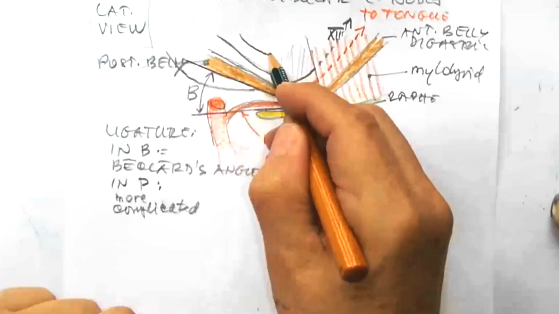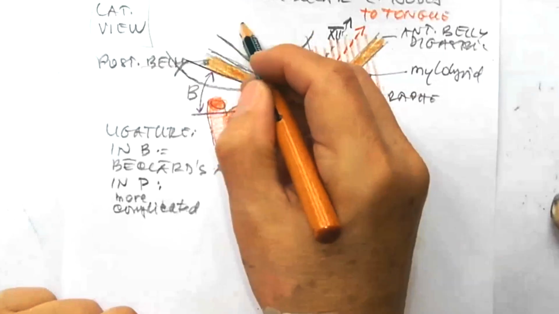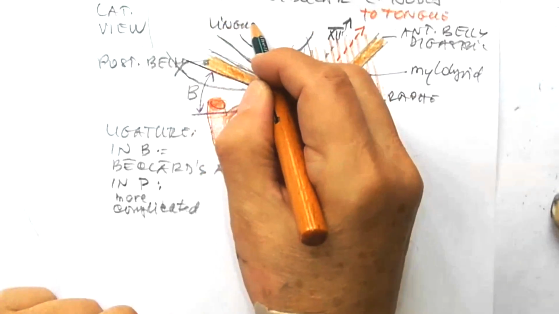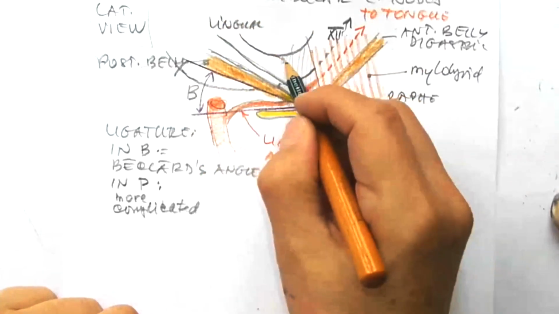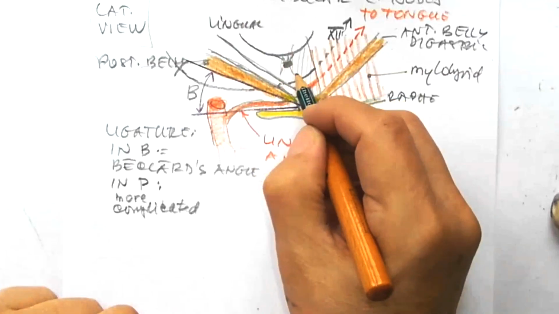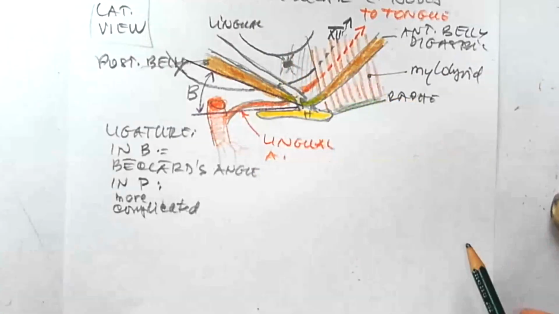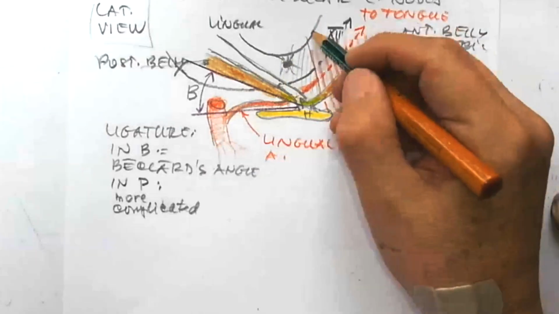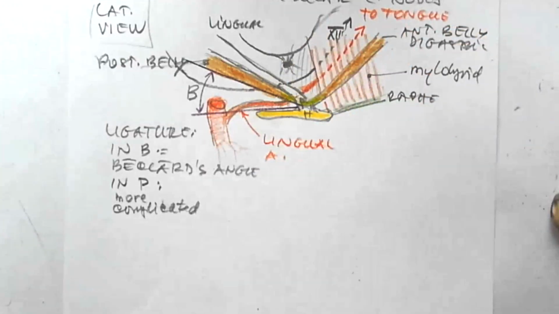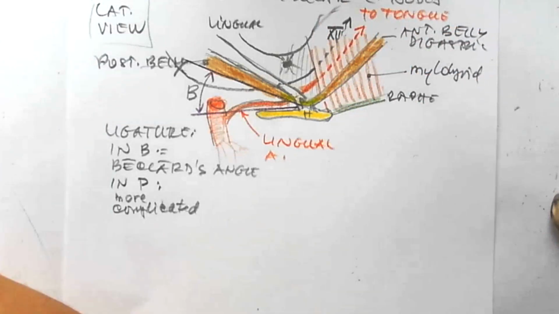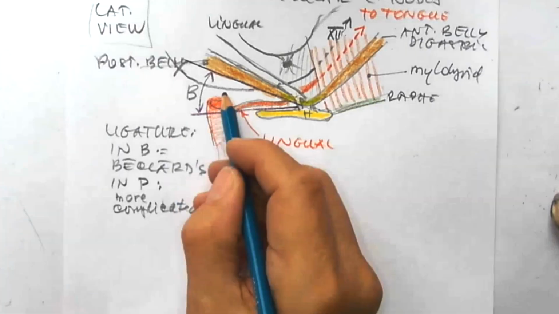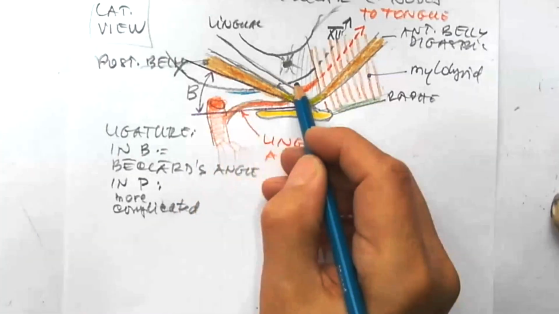Don't forget, here lies the lingual nerve with the submandibular ganglion, as we said. Again, it runs to the tongue. And nerve number 12 runs together with an accompanying vein, which we call the vena comitans.